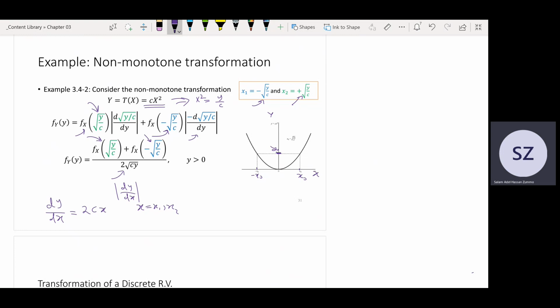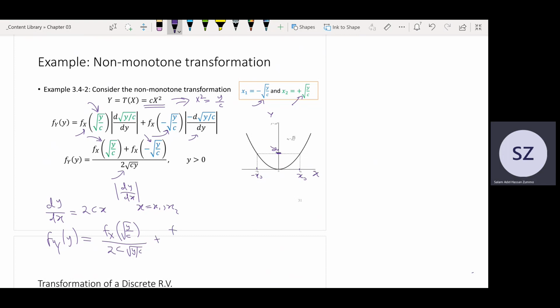Now, for the first zero in the first summation, fy of y will be equal to fx at the first zero, y over c, divided by the derivative here, the absolute value of 2cx, right? 2c, but what is x? Equal to this, right?